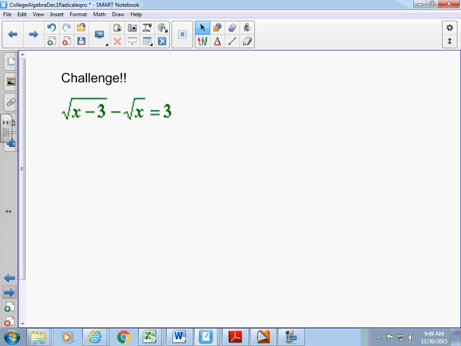This is one I'm not even going to show you by hand unless you just want me to. What makes this one hard by hand? There's 2 radicals, right? That's tricky. Would you agree with that? That's tough. So let's use our calculator, right?